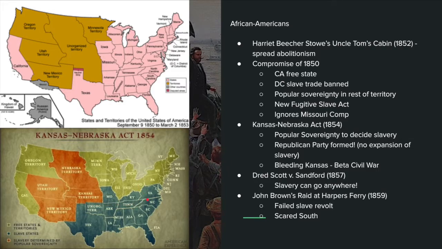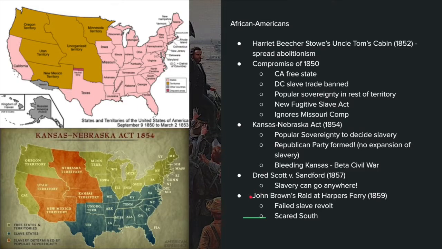Meaning if you are in North Carolina, you can take your slaves up to Ohio and stay there for 10 years, and those people are still your slaves, still your property, which basically means that slavery can now go anywhere. So you can see through all these things the rising tension and sectionalism between abolitionists, North and South, okay?